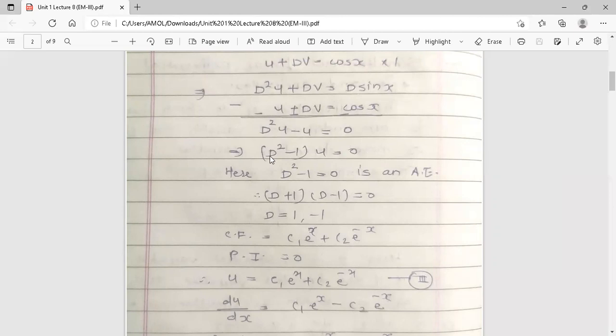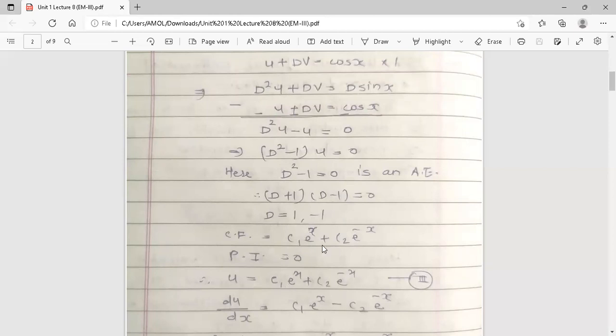So state the auxiliary equation: D square minus 1 is equal to 0, and the roots are 1 and minus 1. So the complementary function is c1 e raised to x plus c2 e raised to minus x. Its PI is 0 because the function is 0, so the general solution contains only the complementary function.